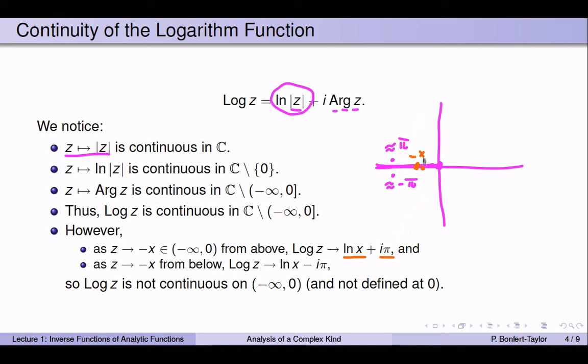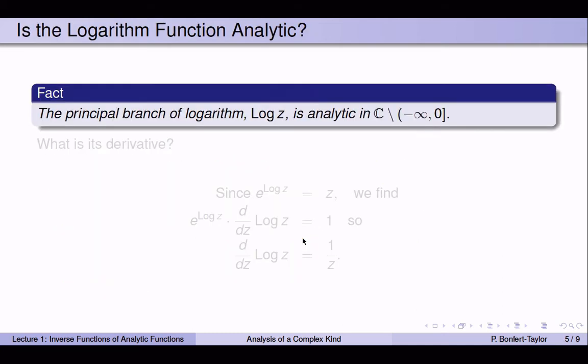Whereas if you're approaching this point from below, the logarithm approaches the natural logarithm of x minus I pi. And those are clearly not the same, which means the logarithm function, just like the argument function, is not continuous on the negative real axis. And it's also not defined at the origin, of course. In other words, the logarithm function is a continuous function on C minus the negative real axis, and nowhere else. More is true, in fact.